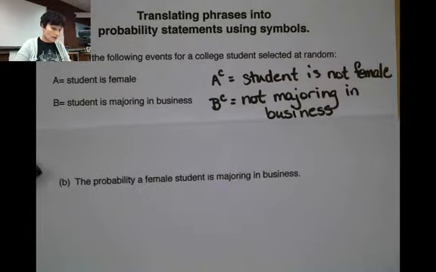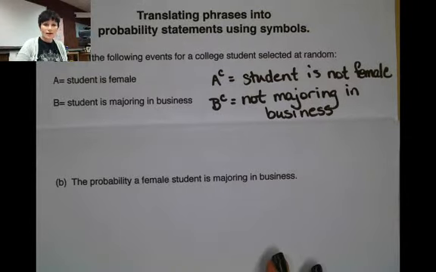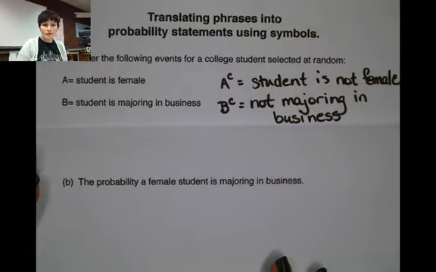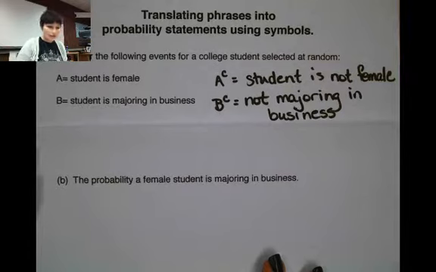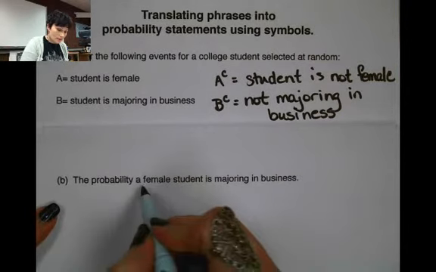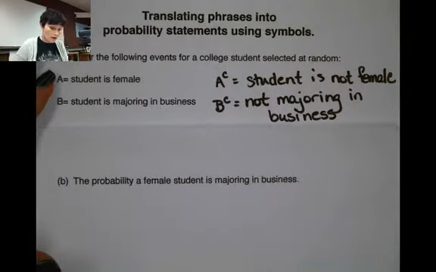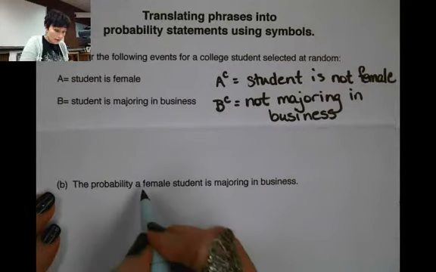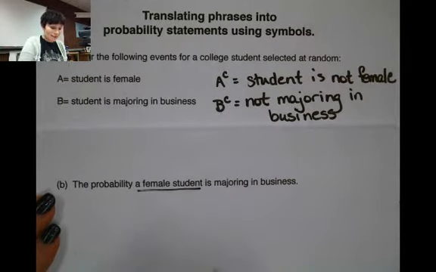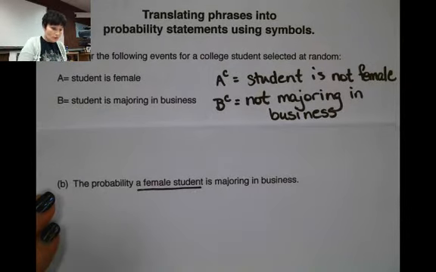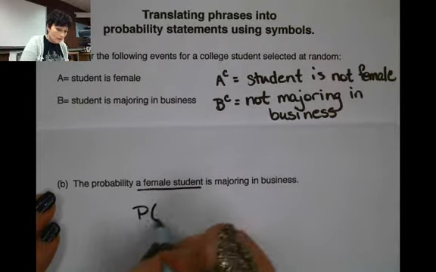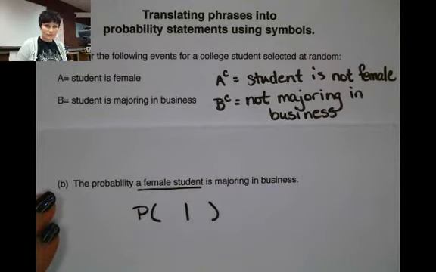Our next one is the probability that a female student is majoring in business. In this case, we know already that we have a female student, so that has already occurred. If something has already occurred, I know that that is my given.